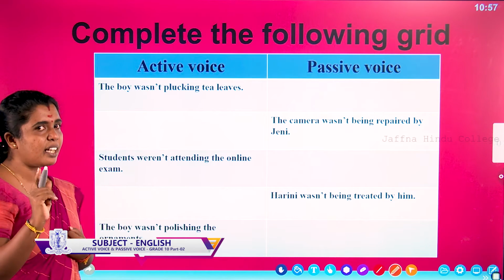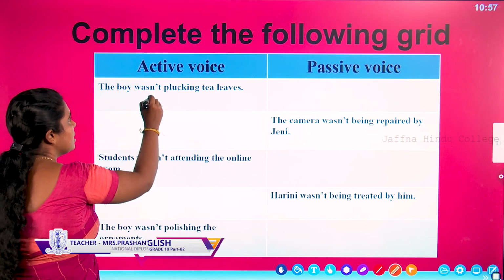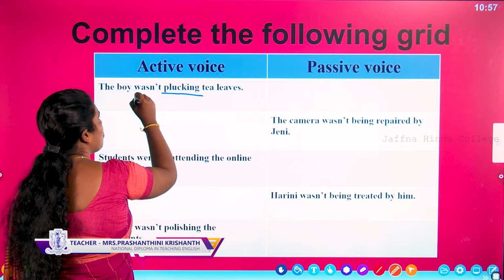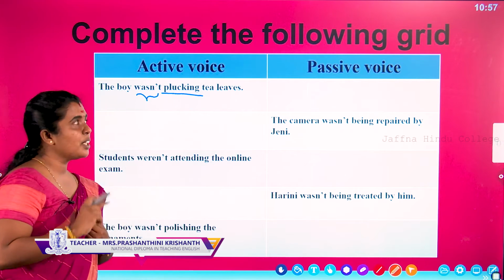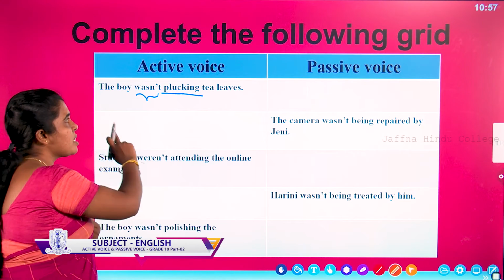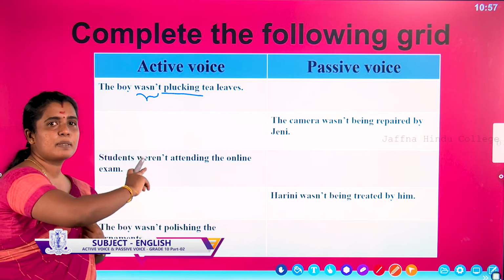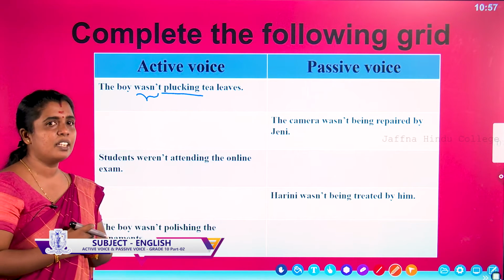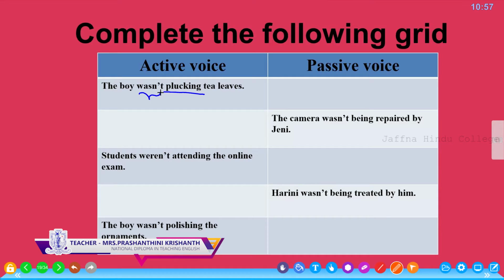First you have to underline the verb, right? You know, plucking, wasn't. So you can get an idea, this is negative sentence and was plucking, wasn't plucking. So this is past continuous negative, right? Now you can identify the structure, then you can do the question easily.